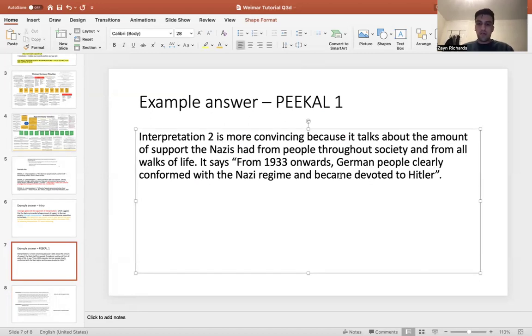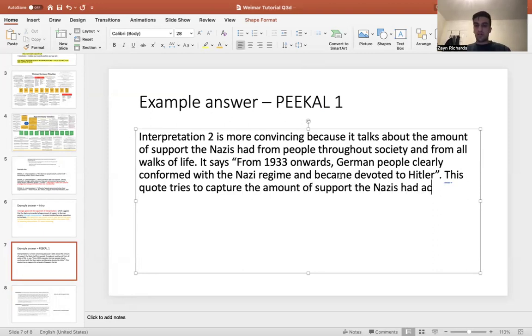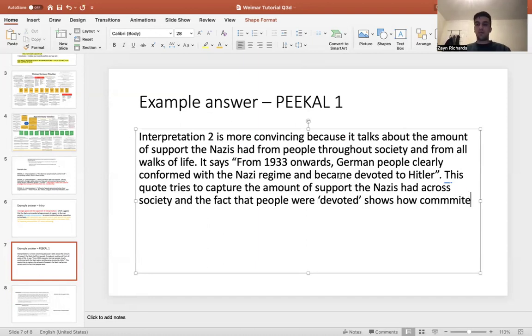So this is proof that this quote tries to capture, so then I explain the quote. This quote tries to capture the amount of support the Nazis had across society, and the fact that people were devoted shows how committed people were.